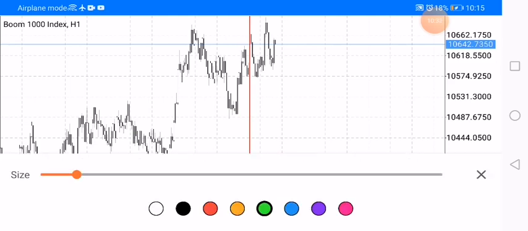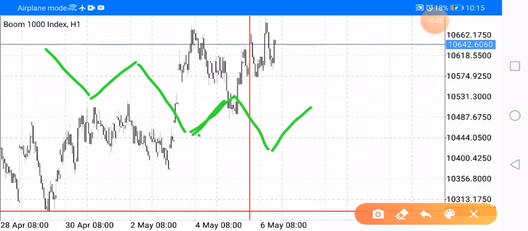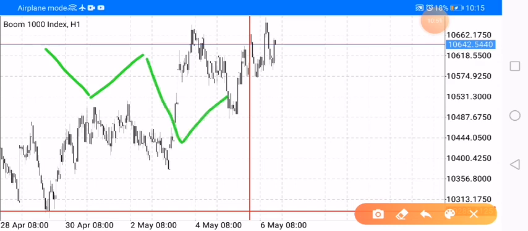Okay, so how does price move down? Price moves down this way, this way, this way, that way. Sorry, let me draw it well. Sorry about that, guys. This way, this way, this way, this way.